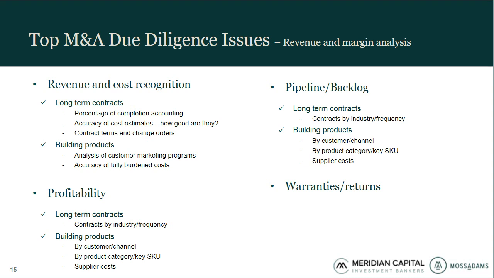One of the things that we always take a deep dive on, particularly for a company that has a lot of long-term contracts, is we assess the adequacy of their accounting. A lot of these shops will be using percentage of completion accounting, and as you know, there's a lot of estimates that go into this.